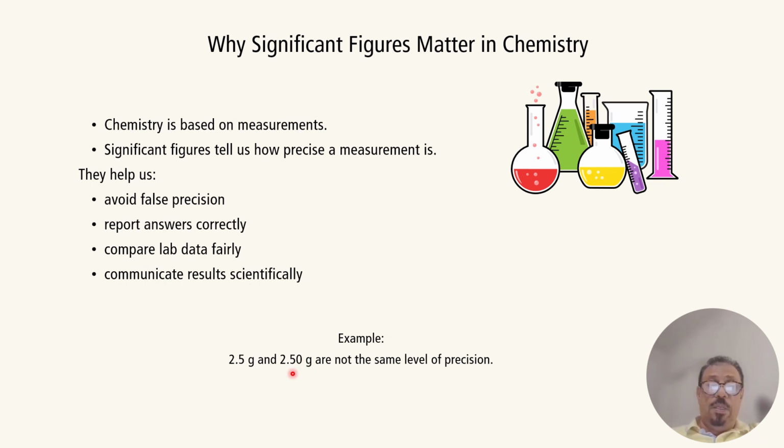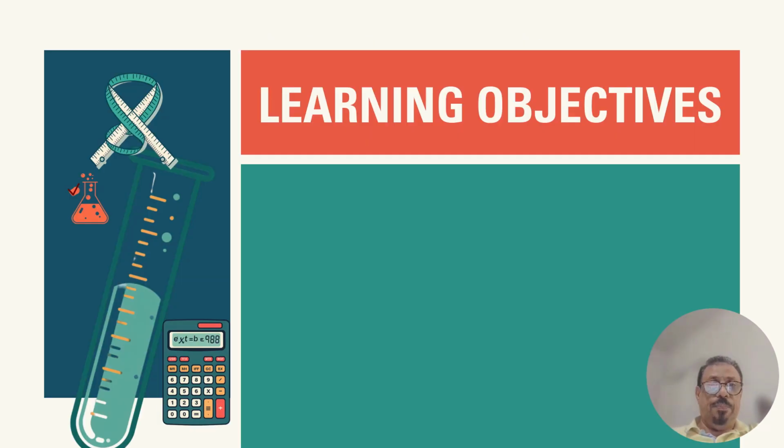So the scale of 2.59 is more precise than 2.5. When we talk about significant figures, we know exactly how many digits are included in our calculations.